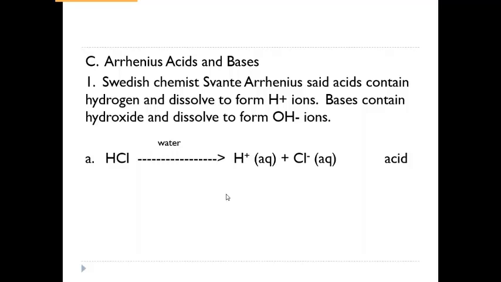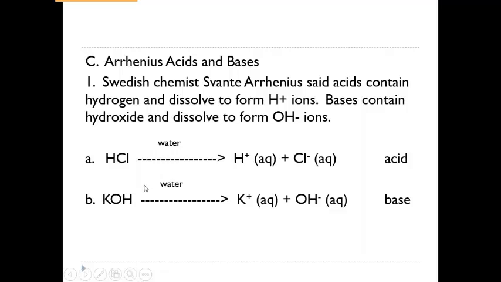If we put it in water, we end up getting H+ ions, and so by his definition that makes it an acid. And for a base example, we could have potassium hydroxide. We get OH- when it dissolves in water, so that would be a base. So this is the definition that we have currently been using about acids and bases.